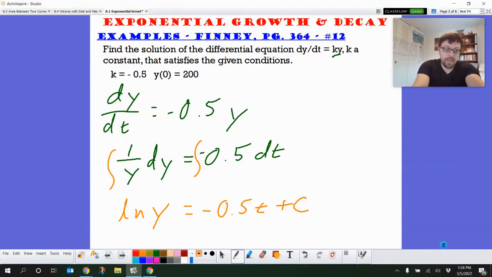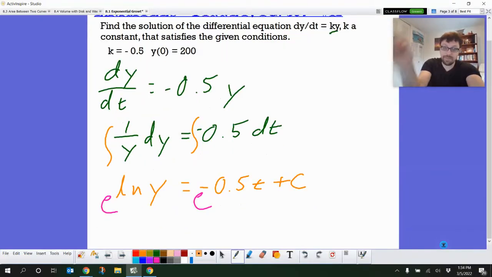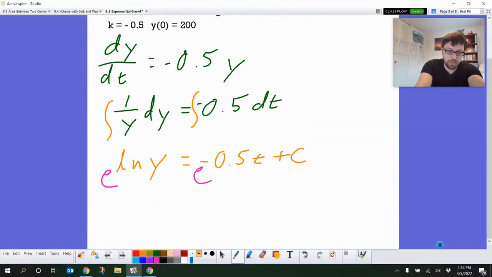Next, we want to solve that for y. So we're just going to raise both sides to an e. The e and the ln cancel each other out, so we're left with just a y.